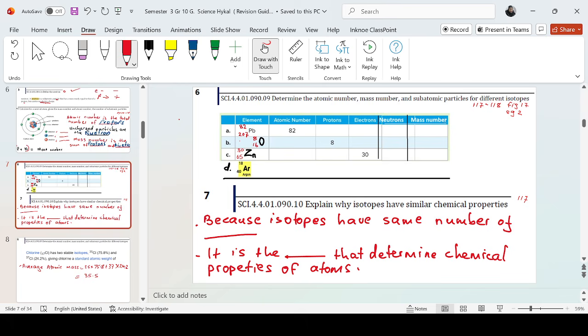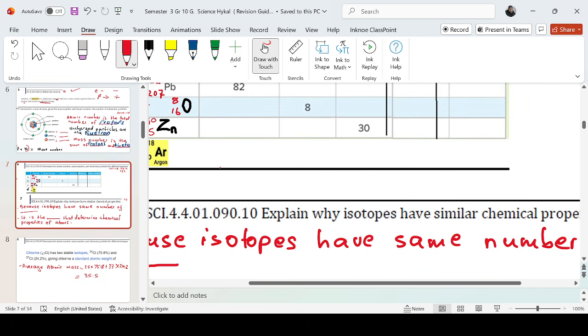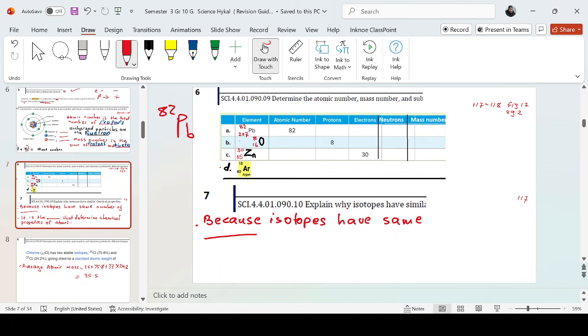When we write it like this, Pb, on top is the atomic number, 82. The smaller number is the atomic number, which is the number of protons. Down is the mass number. Here they give us 207. I'm not seeing clearly, let me zoom. 207, yes.